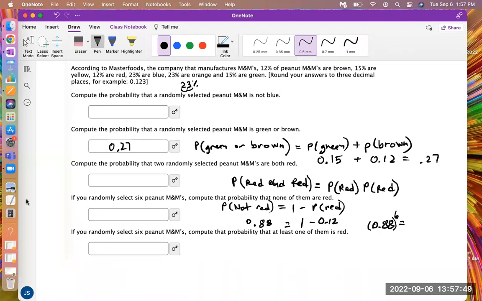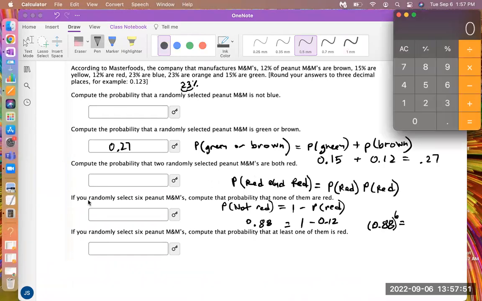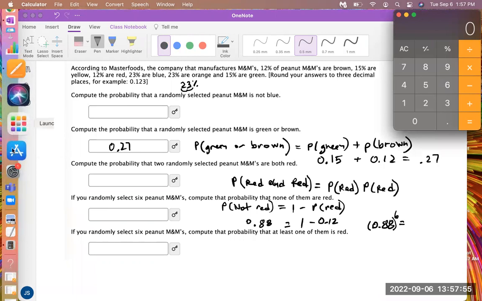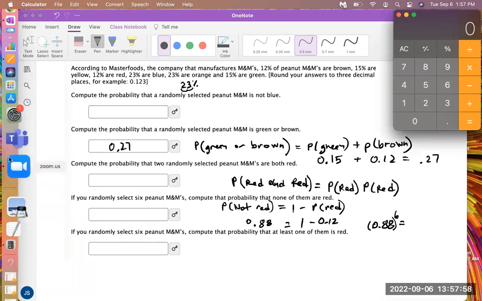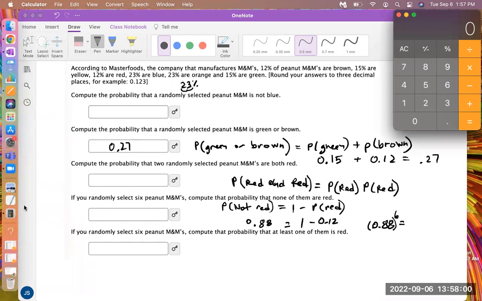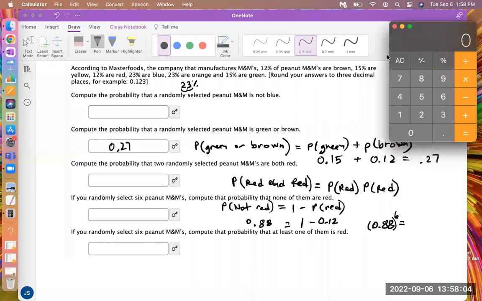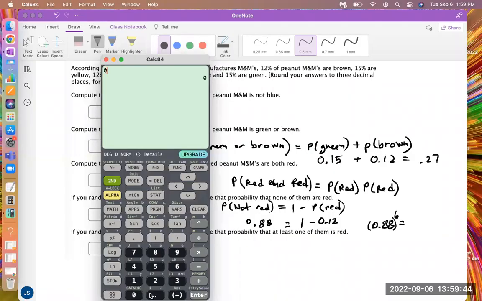So what do we get there? I probably want to have my bigger calculator here. Okay, so I just put 0.88, and then I can raise it to any power that I want to.